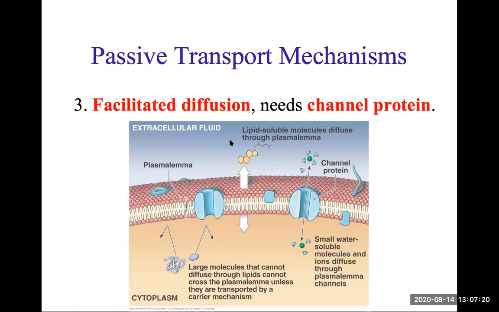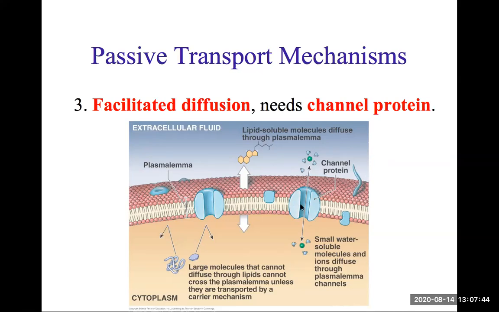The cell can control facilitated diffusion because the cell controls how many channel proteins and what kind of channel proteins there are. So if a large molecule that won't fit through this channel tries to move, it can't get through this little tunnel. If too many of the wrong types of molecules are crossing, then the cell can break down this channel protein.